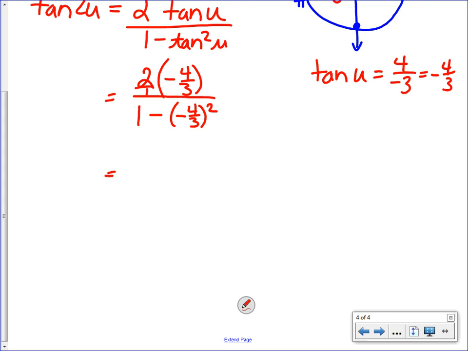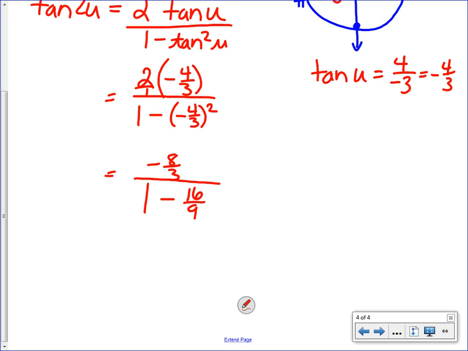Now remember, that's like 2 over 1 as a fraction. So you're going to get -8 over 3. Now in the denominator, you want to evaluate your exponent first. So that'll become 1 minus 16 over 9, because when you square a negative, it becomes a positive. And you just square your numerator and denominator.